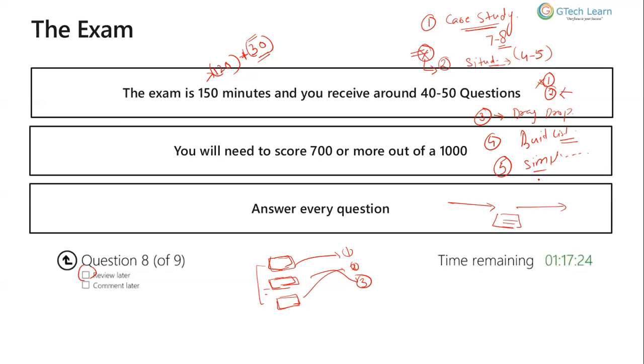Apart from that, you will see one basic type of question, which is the multiple choice based question. Inside that you have scenario based questions, and based on that you have 4 or 5 options available, and you need to mark the correct answer.